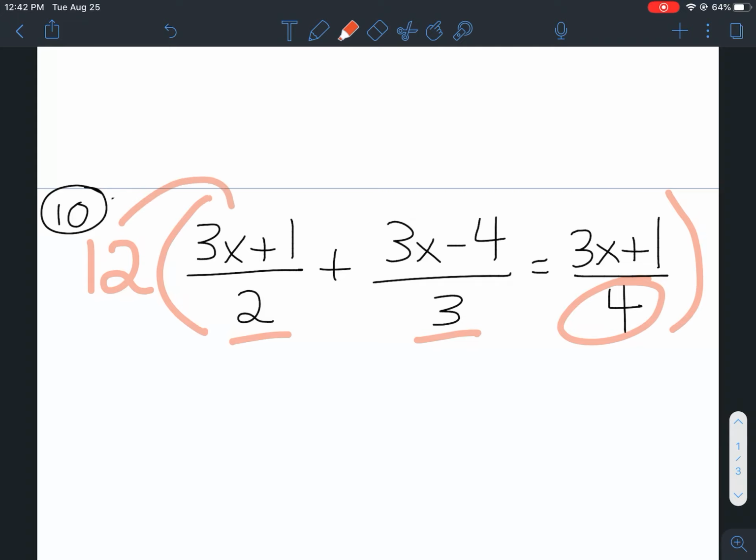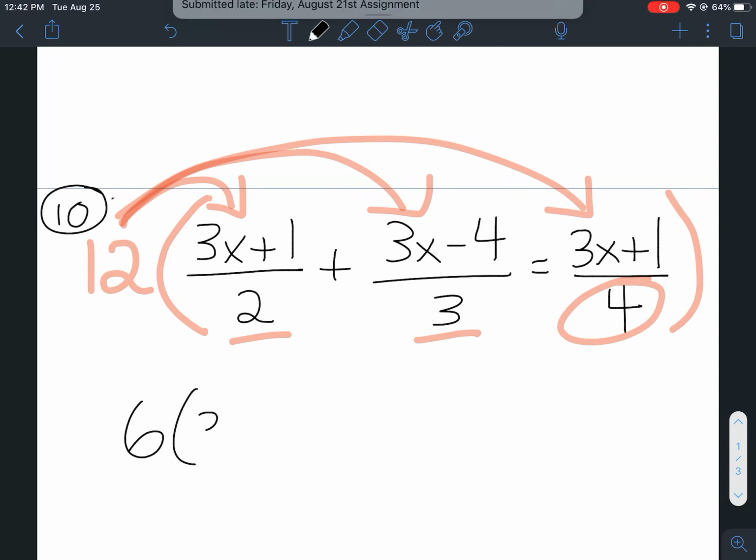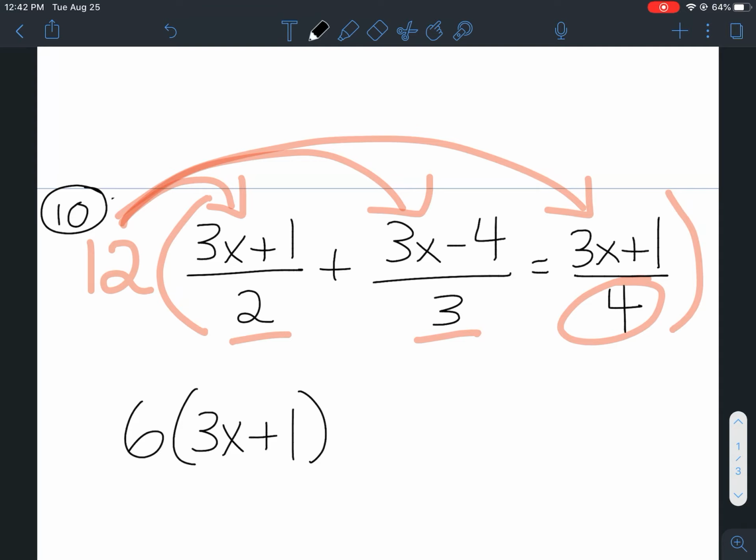So now we're going to distribute 12 to each part. I'm doing the same thing as the last problem here. I'm taking this 12 and I'm dividing it by 2. So 12 divided by 2 is 6. And I leave that outside the parentheses and put 3x plus 1 inside.